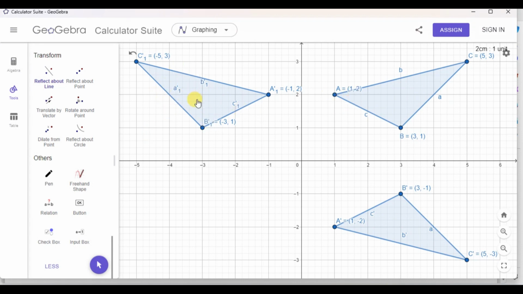So when I'm reflecting this figure on the x-axis, this is my mirror line. Remember, the original figure is triangle ABC, but I am coming to reflect triangle A1, B1, and C1. So in the same way, in the x-axis, you negate what?